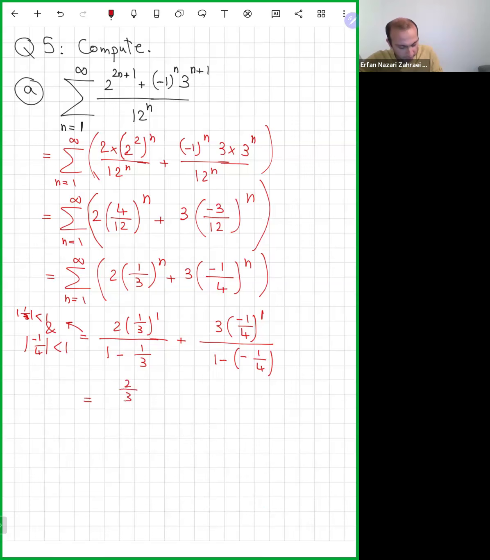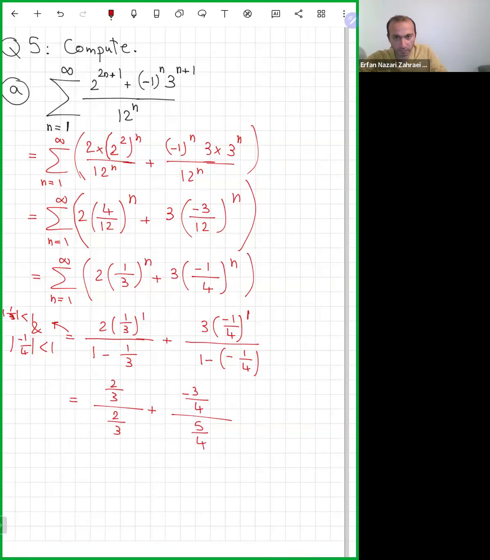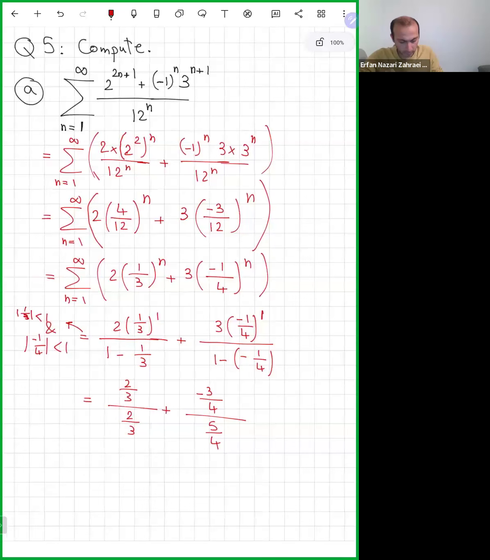So I have 2 over 3 over 1 minus 1 over 3, which is again 2 over 3. This is minus 3 over 4 over 1 minus negative 1 over 4, so 1 plus 1 over 4, which is 5 over 4. Am I right?